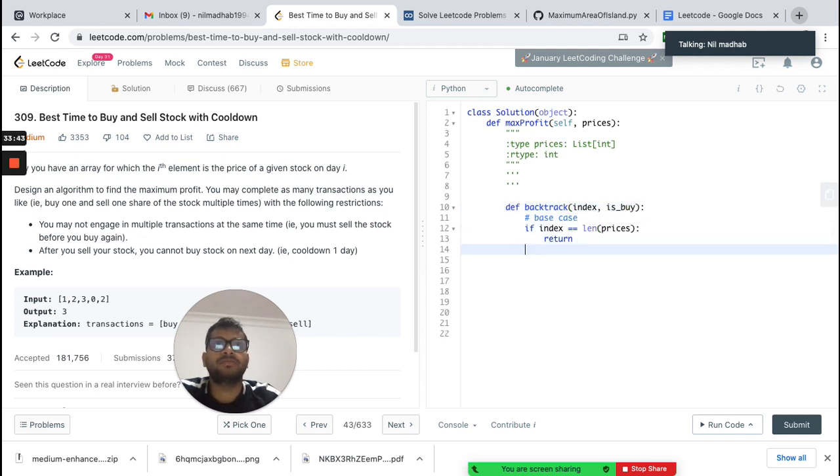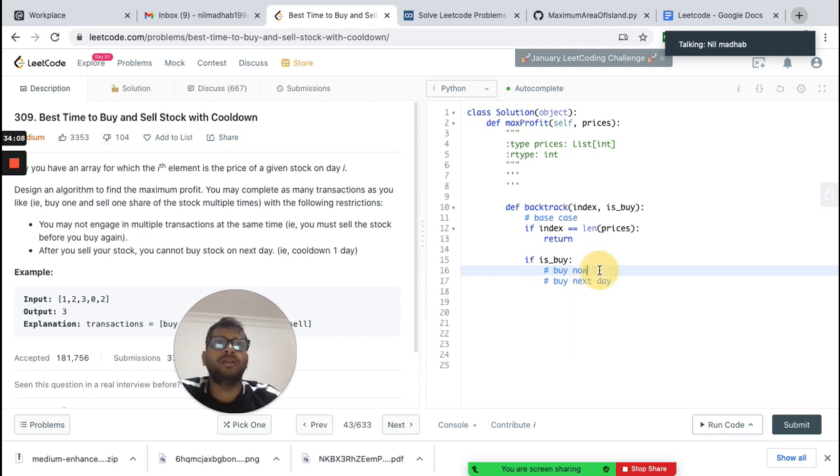So if is buy, we have to buy it. So either I can buy now, or I can buy the next day.